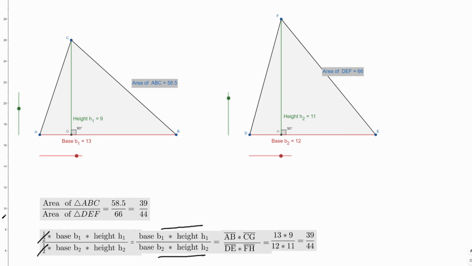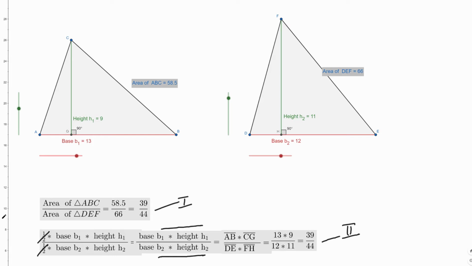So what is happening here is the ratio of the area of the two triangles is the same as the ratio of the product of base and height of the two triangles. They are same.